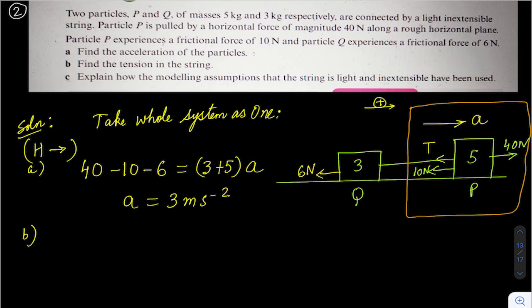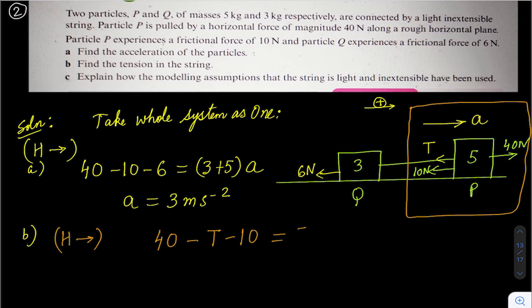When I consider particle P, what's the net horizontal force acting on particle P? Again, we are calculating in the horizontal direction. 40 is to the right, so the right direction is positive, minus T because T is acting to the left, minus 10 newtons, that is the friction force, also acting to the left, so that's also negative. This is my net force acting on particle P in the right direction.